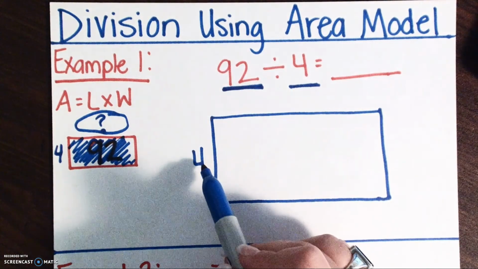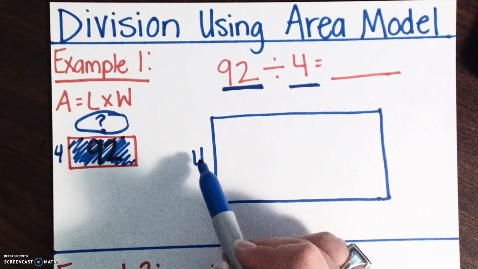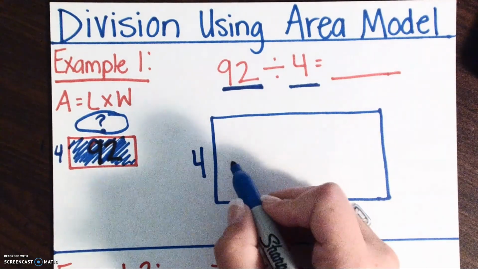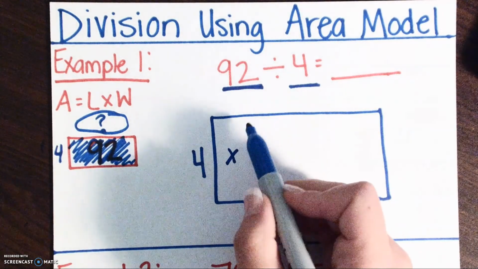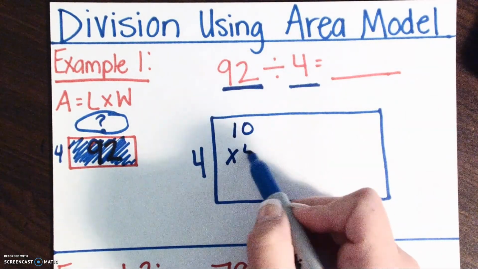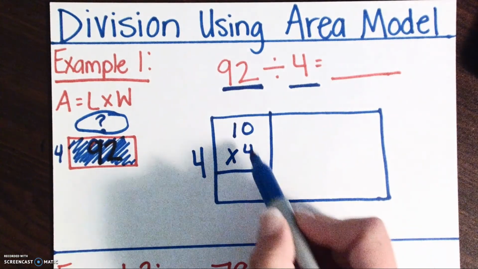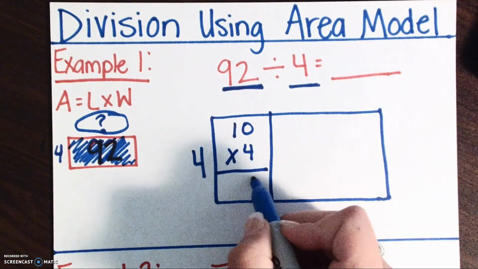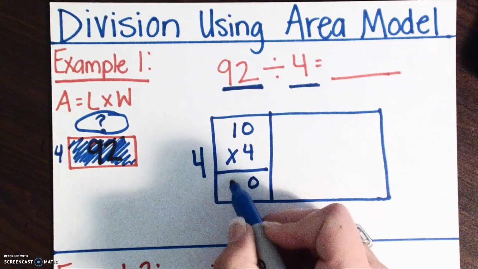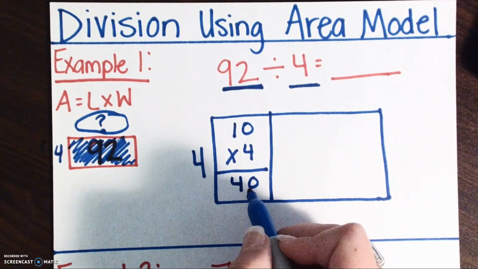You can start really with any number times 4, so I'm just going to start with what's easy for me, and I'm going to say 10 times 4. I know 10 times 4 is 40. I know 4 times 0 is 0, and 4 times 1 is 4. So I'm at 40 so far.